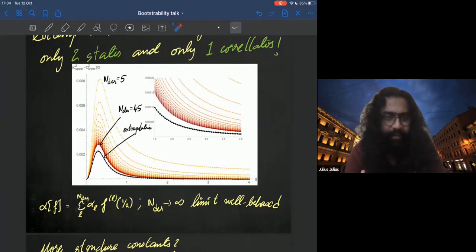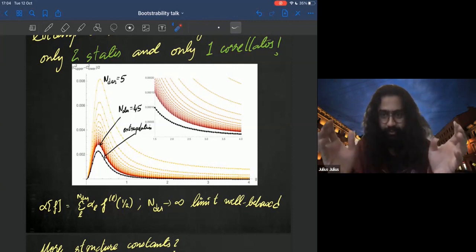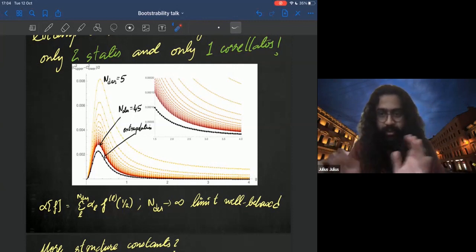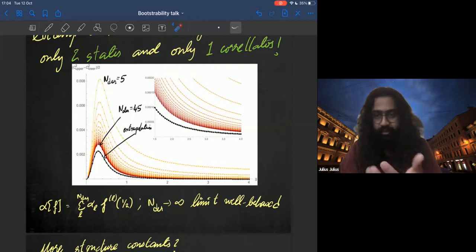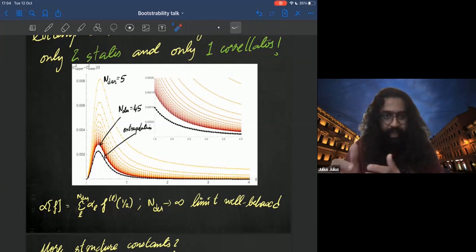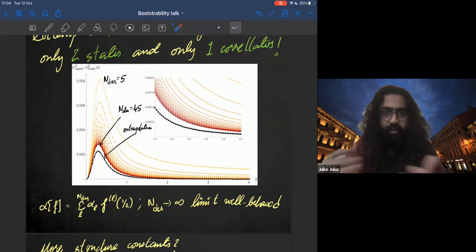I think the reason is more because this setup is designed for somebody who does not know anything: you just have your crossing equation, and that's it. You don't know either the spectrum or the structure constants. So I think because of that, if we input more spectral information, somehow it gets worse.